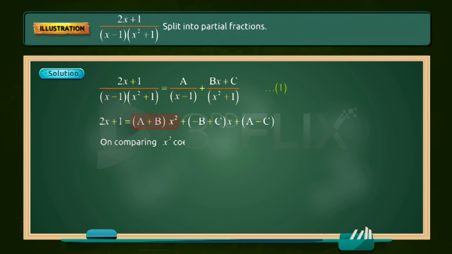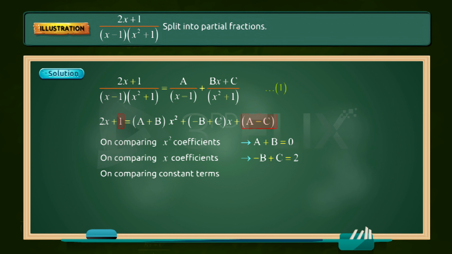On comparing x square coefficients, we get A plus B equal to 0. On comparing x coefficients, we get minus B plus C equal to 2. On comparing constant terms, we get A minus C is equal to 1.